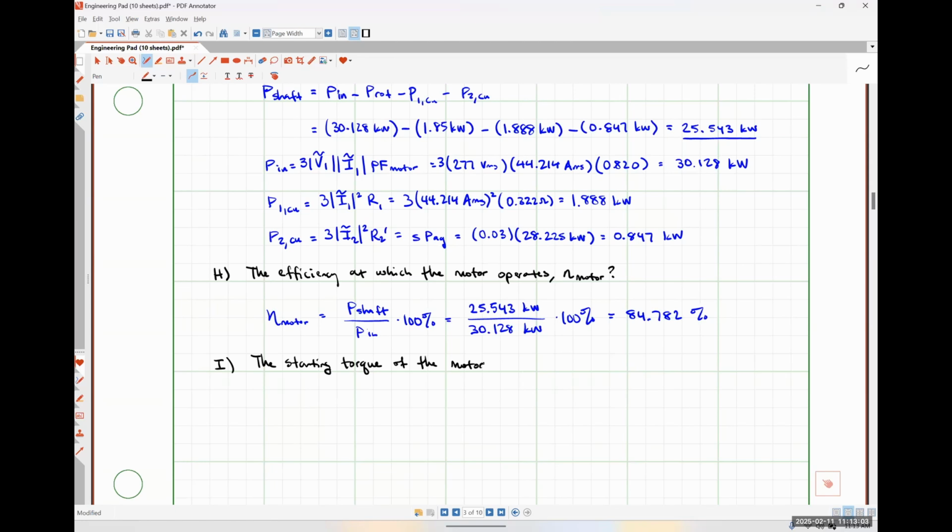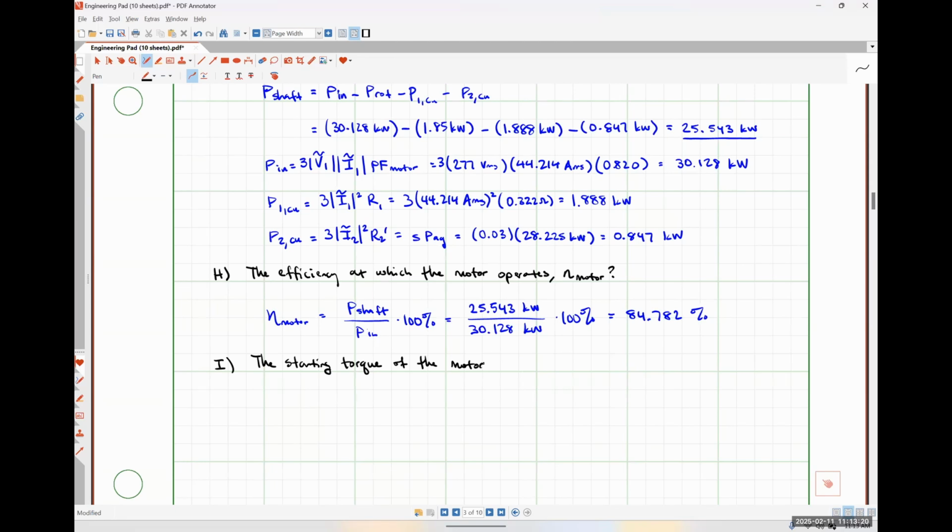So I'm about to ask you about the starting torque, the slip at which maximum torque is developed, the speed at which maximum torque is developed, and then what the maximum torque is. But I could have just asked you about what torque is being generated at this particular slip as well.